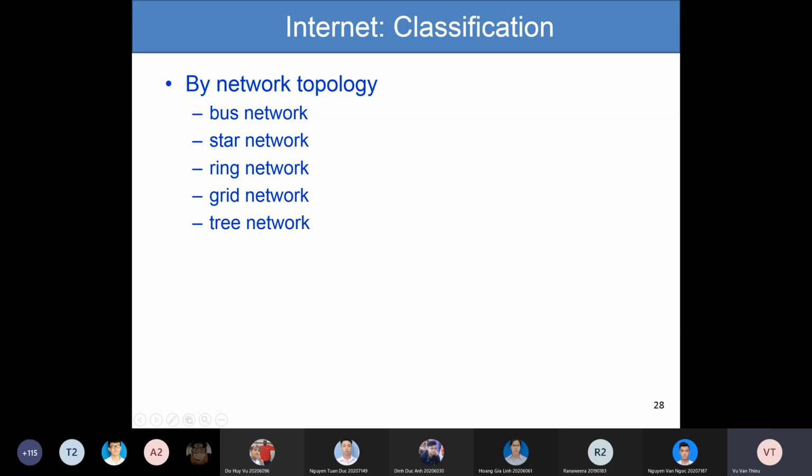We can also classify computer networks by the network topology. We have bus network, ring network, grid network, and tree network.